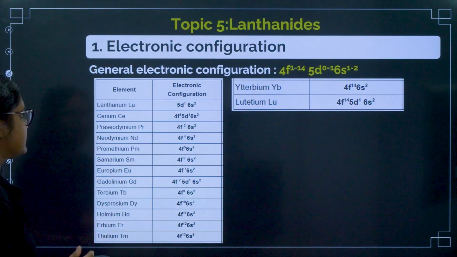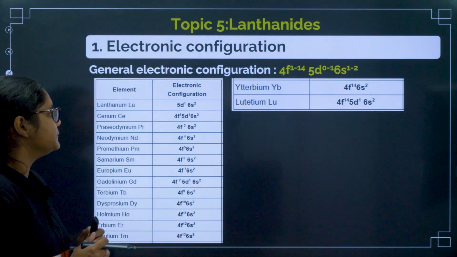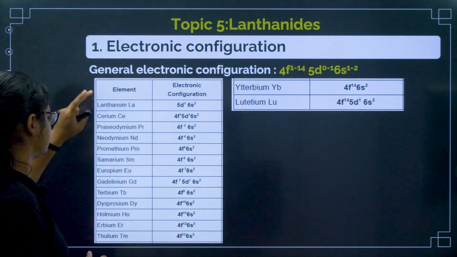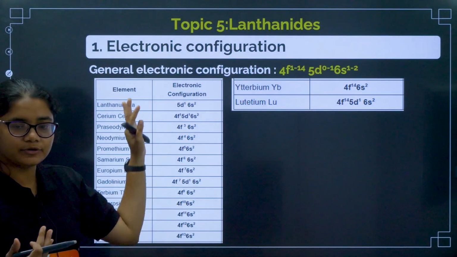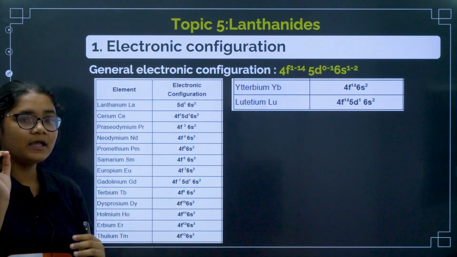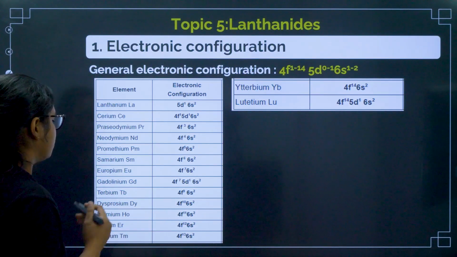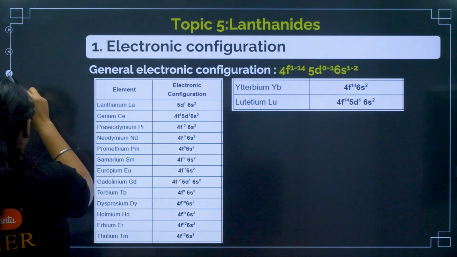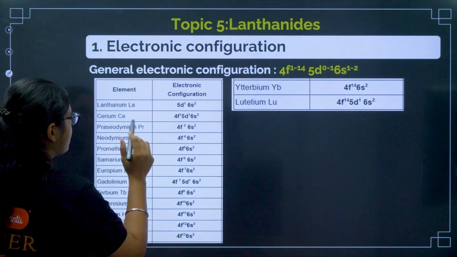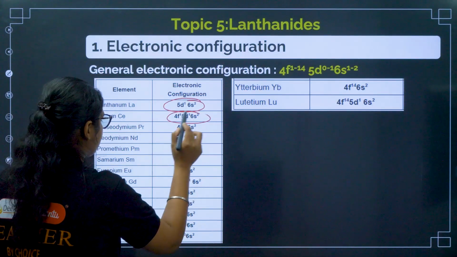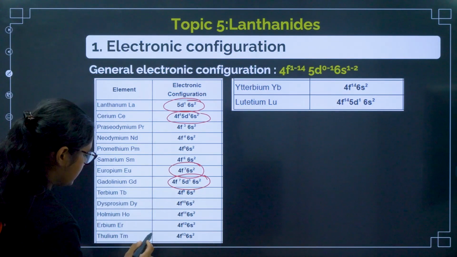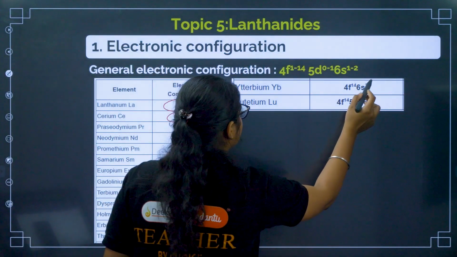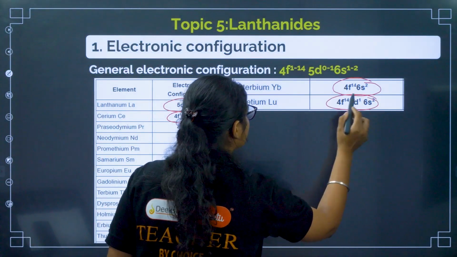Next, coming to lanthanides, very, very important. Electronic configurations are there, and I'll suggest you remember all the electronic configurations, but still if you have no time or you're not able to, certain electronic configurations that you must remember are lanthanum, cerium, okay, and then europium, gadolinium, and then ytterbium and lutetium.